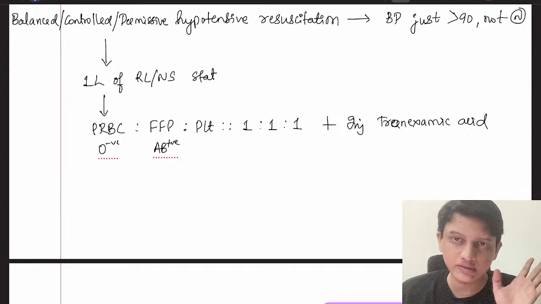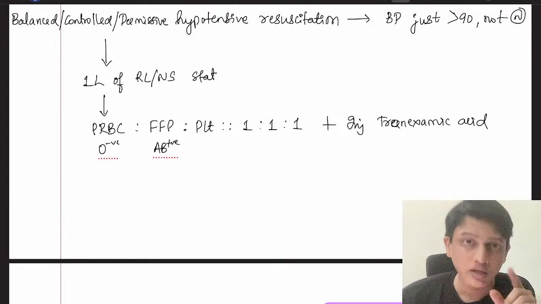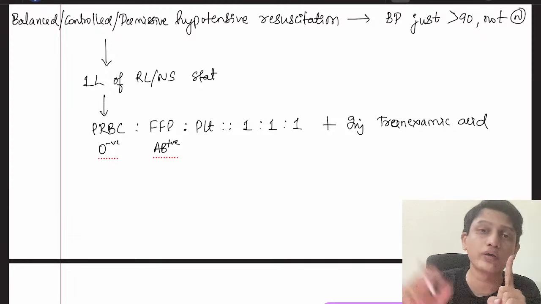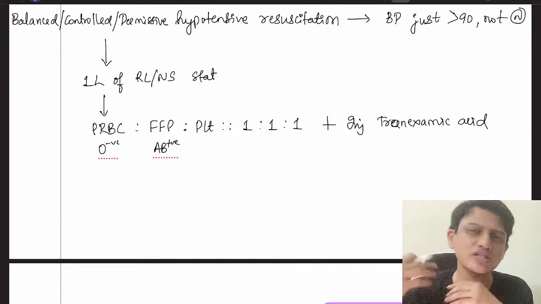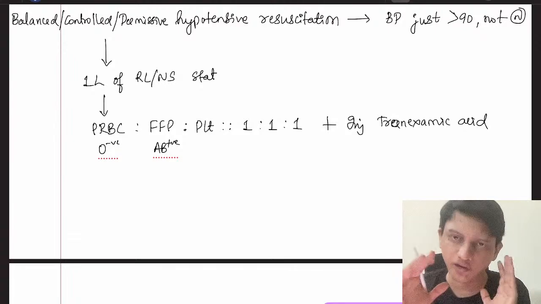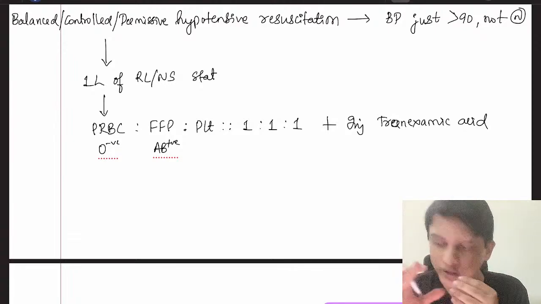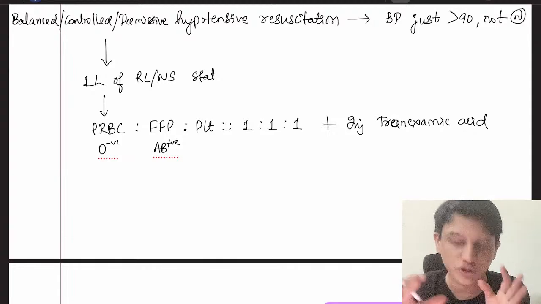For every 1 pint of PRBC, that is packed RBCs, you have to concomitantly give 1 FFP and 1 platelets. 1:1:1, not just giving PRBC or just giving FFP. We have a protocol for that also. PRBC to FFP to platelet is 1:1:1.